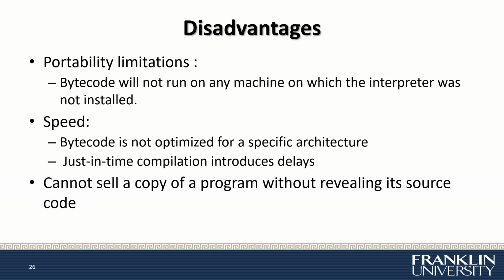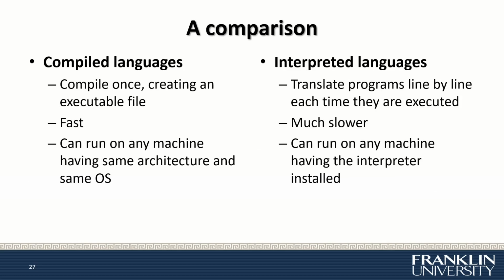But the advantages of interpreted languages outweigh the advantages of compiled languages. One of them is speed of development. You can write code a lot faster with an interpreted language. And here's some comparison. Compiled languages compile once, creating an executable, and it runs fast.